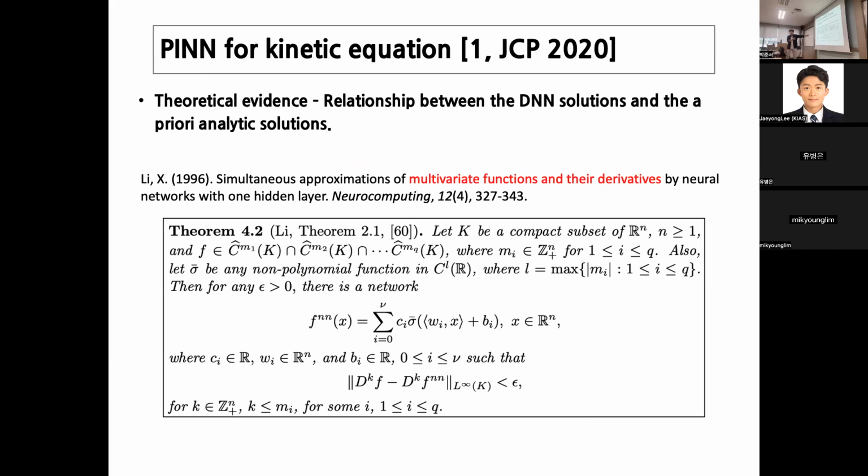And this theorem says we can also find that the derivative of the target function is the same as the derivative of this neural network with respect to the input. So this is the universal approximation theorem on derivatives.